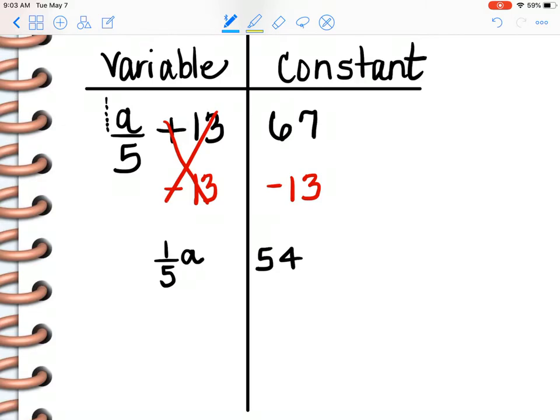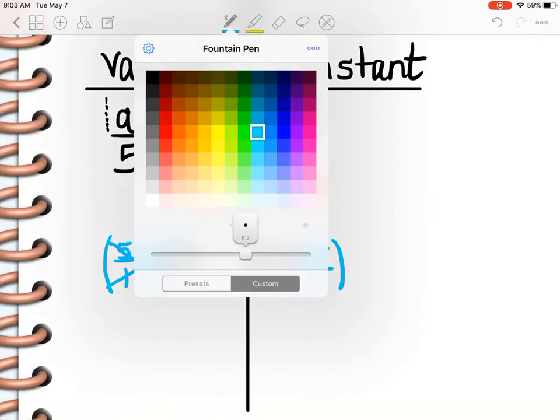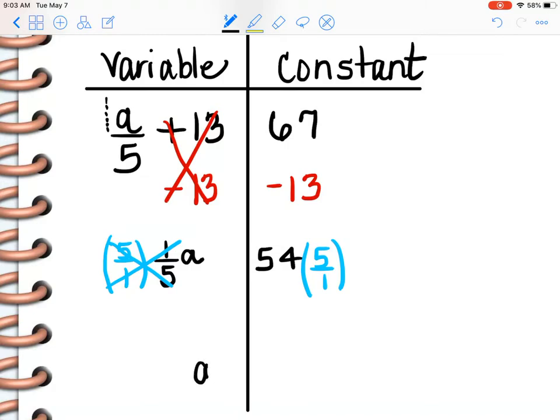Remember, to move a fraction across the line, you have to do its reciprocal in parentheses. And so this is going to cancel. And that leaves me with the letter a. Multiply this as a fraction. So 54 times 5 over 1.